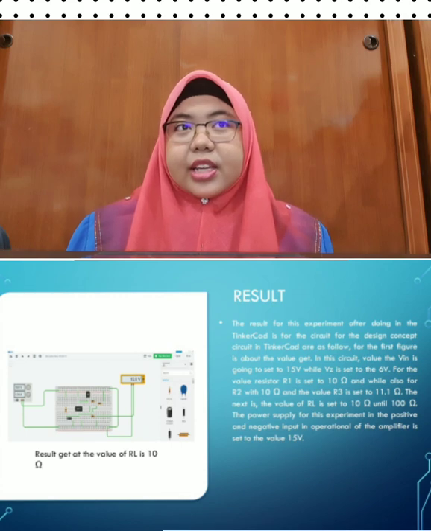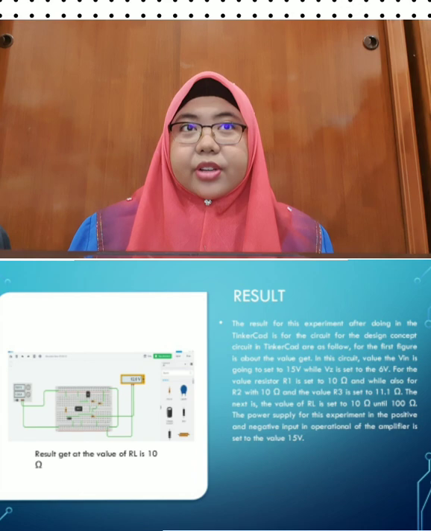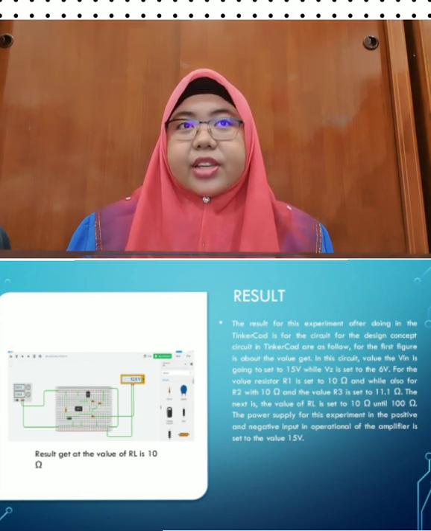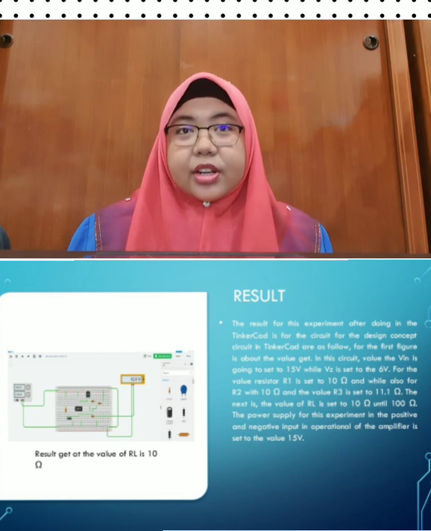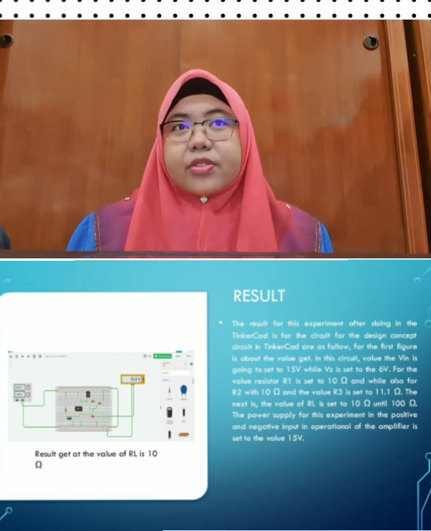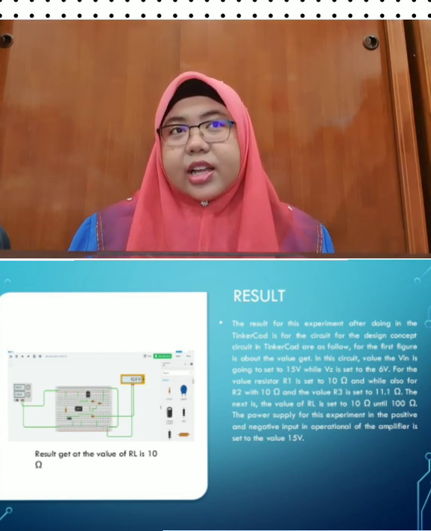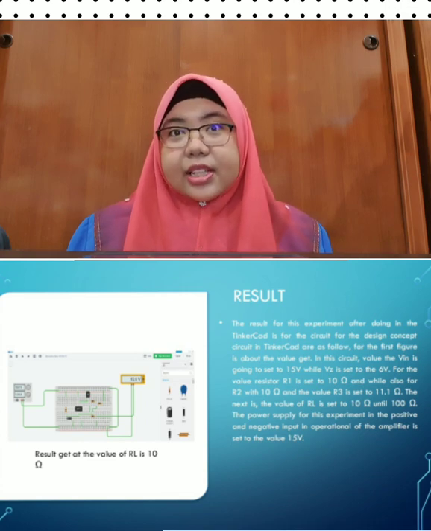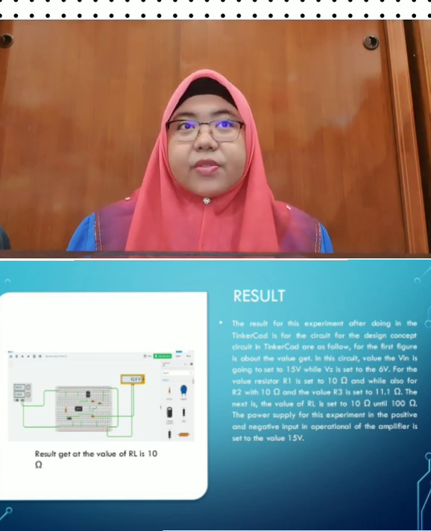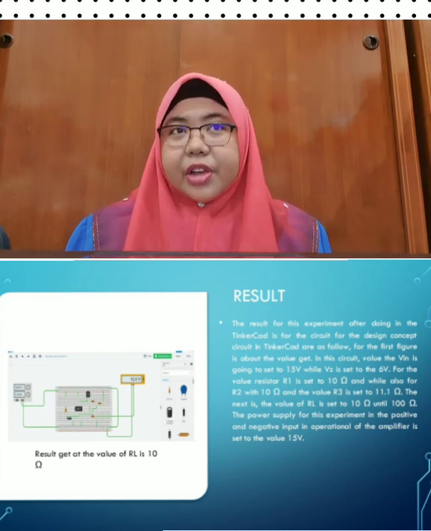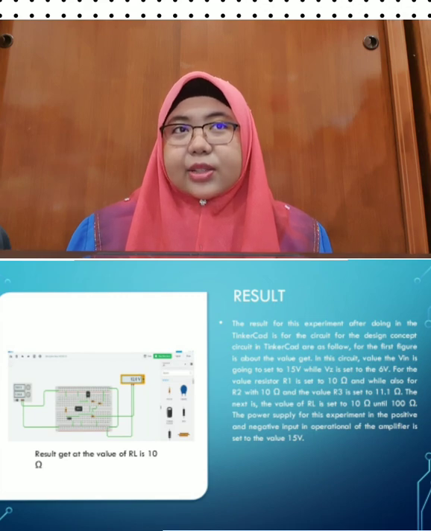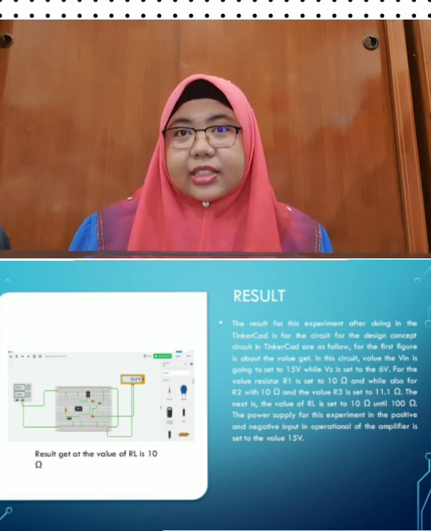The Vin is set to 15 volt, and the Vz is set to 6 volt. For resistors R1 and R2 we set 10 ohm, and for RT we set 11.10 ohm. The value for RL is set from 10 ohm until 100 ohm.